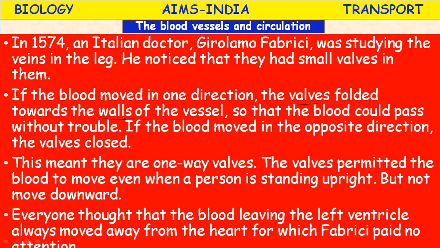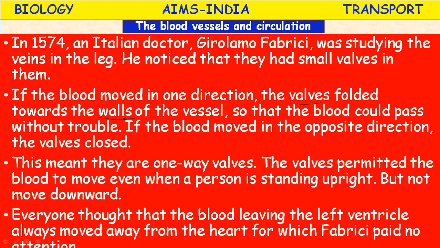So if the blood moved in one direction, the valves folded towards the walls of the vessel, so that the blood could pass without trouble. If the blood moved in the opposite direction, the valves close, so the valves are regulating the flow of blood.